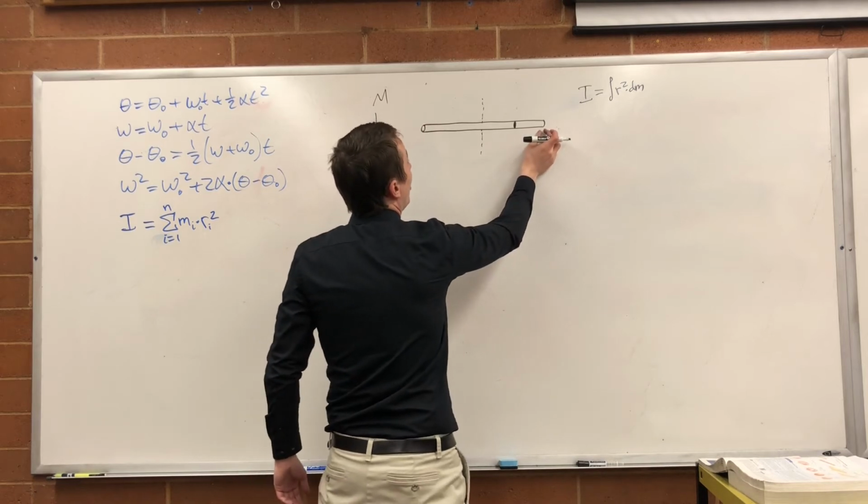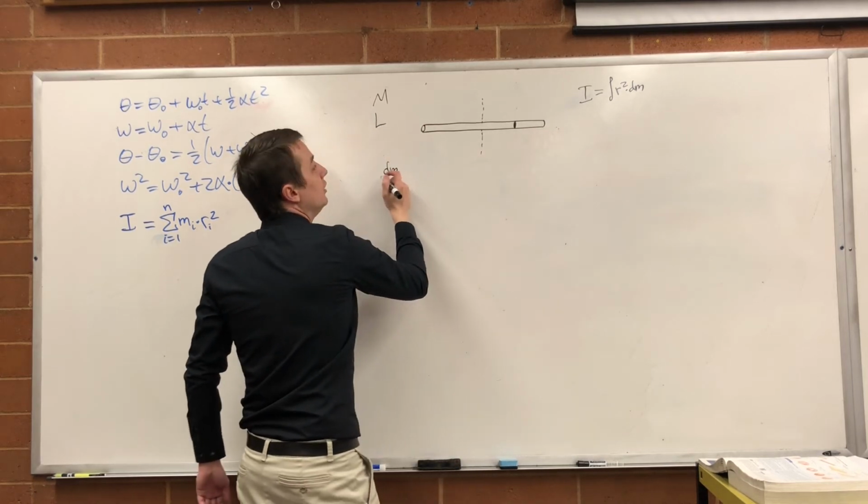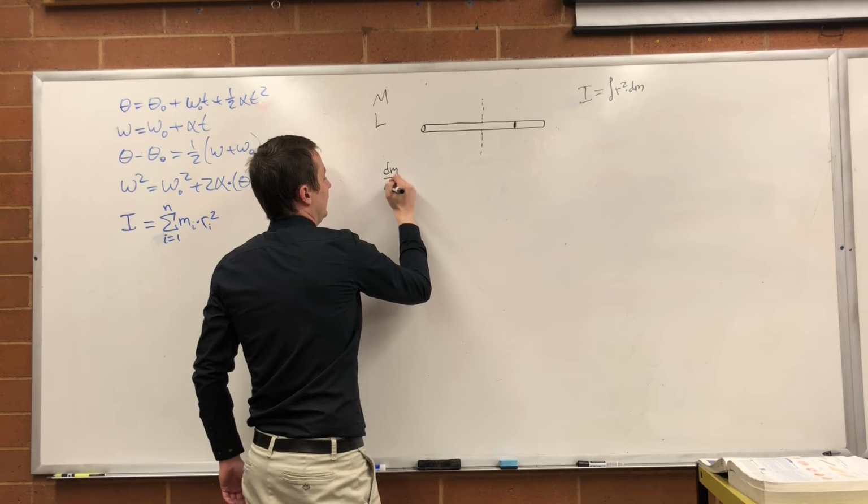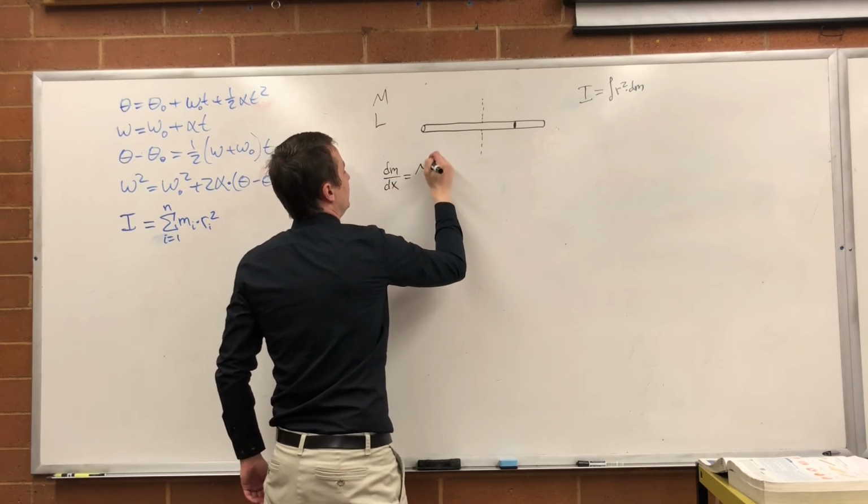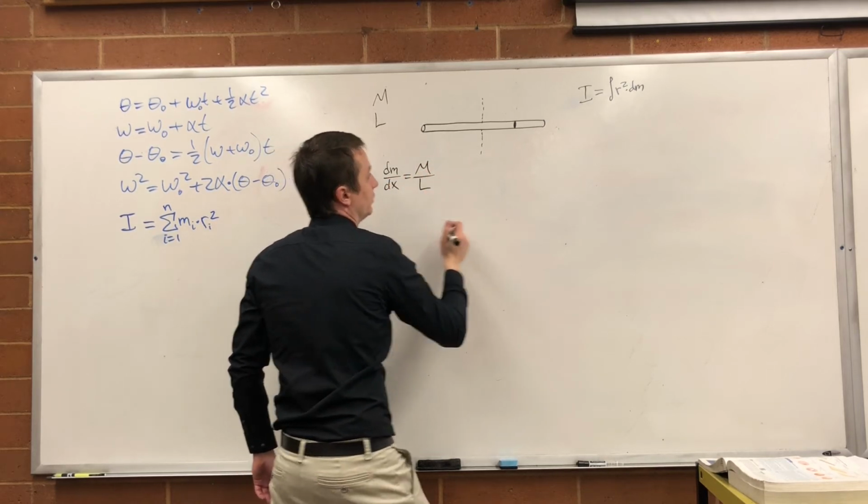So some small piece of mass, dm over dx, is going to be equal to mass over length. That's what I'm going to say.